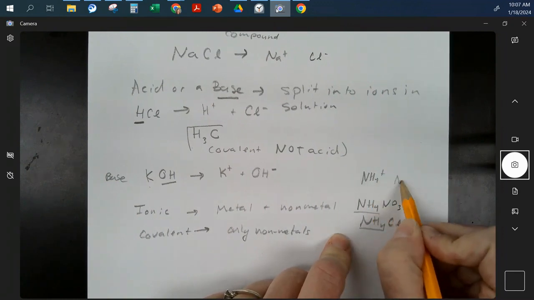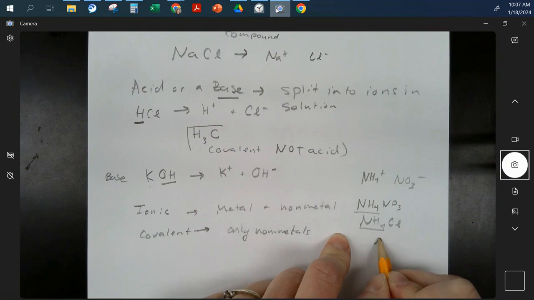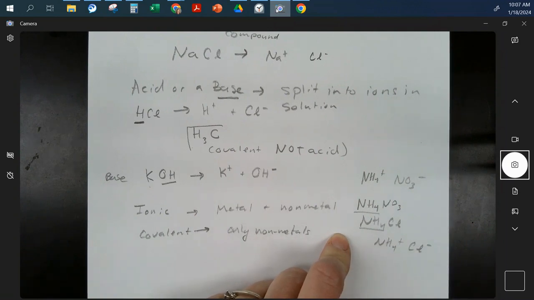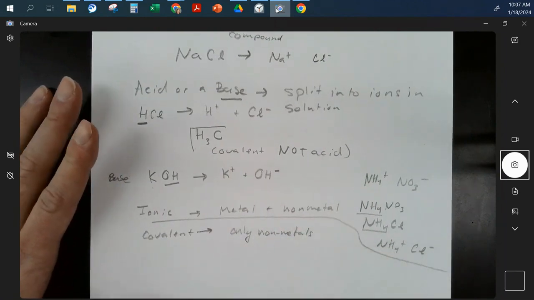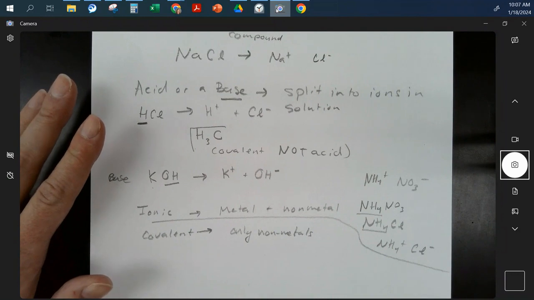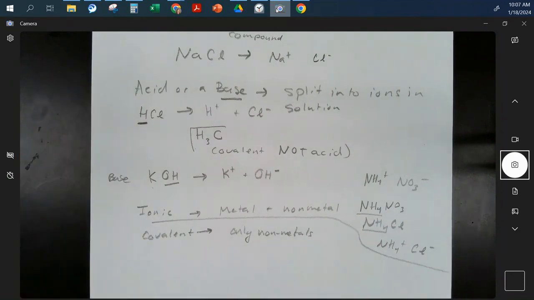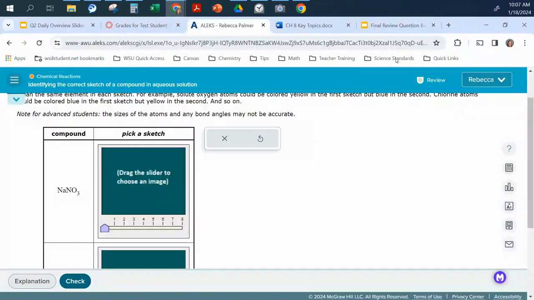So NH4 plus, NO3 minus. NH4 plus, Cl minus. These ones are ionic even though there's no metals. That would be our exception. If we see ammonium, then that's going to be ionic. You guys are quiet. I'm having a hard time knowing if you're following.